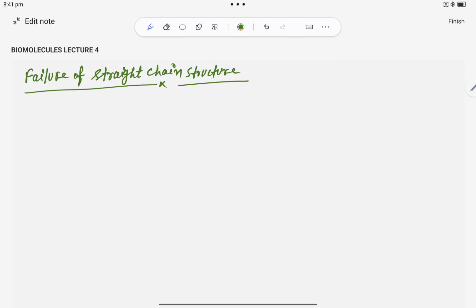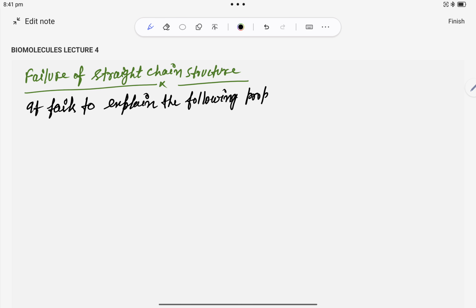Okay, so what are the reasons? The straight chain structure fails to explain the following properties or reactions shown by glucose.